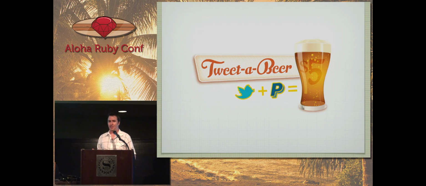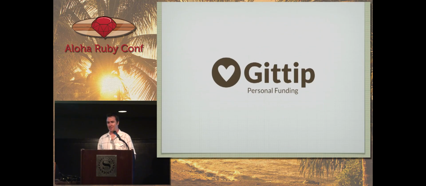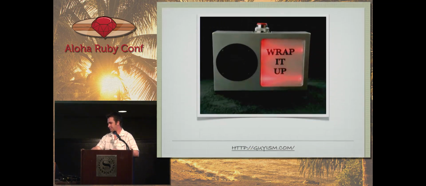You can always tweet them a beer, which is a nice service, or you can also use GitTip, which gives them a little bit of money to help them out. Say their daily job doesn't involve contributing to open source. Give them a little money to help them out when they're not in the daily grind.